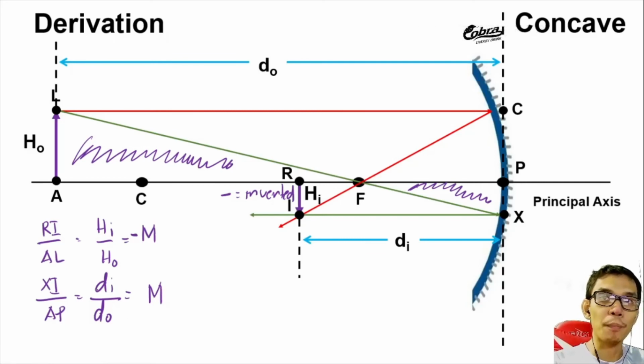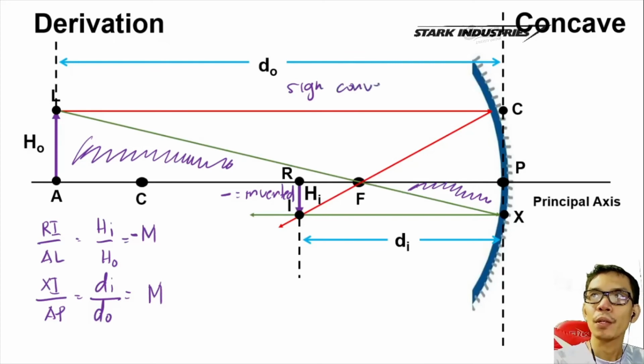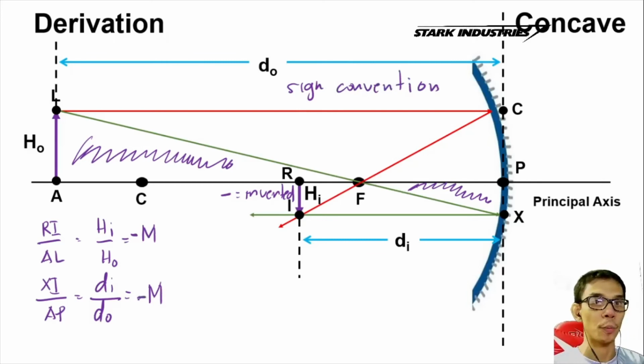So, the ratio of the distance of the image over the distance of the object. Again, by sign convention, the image is inverted, so we have negative magnification over here.